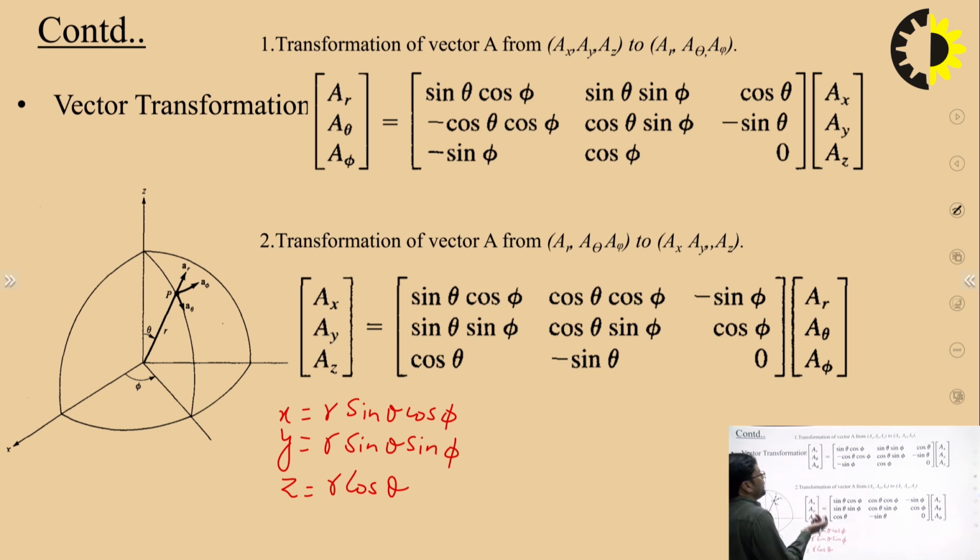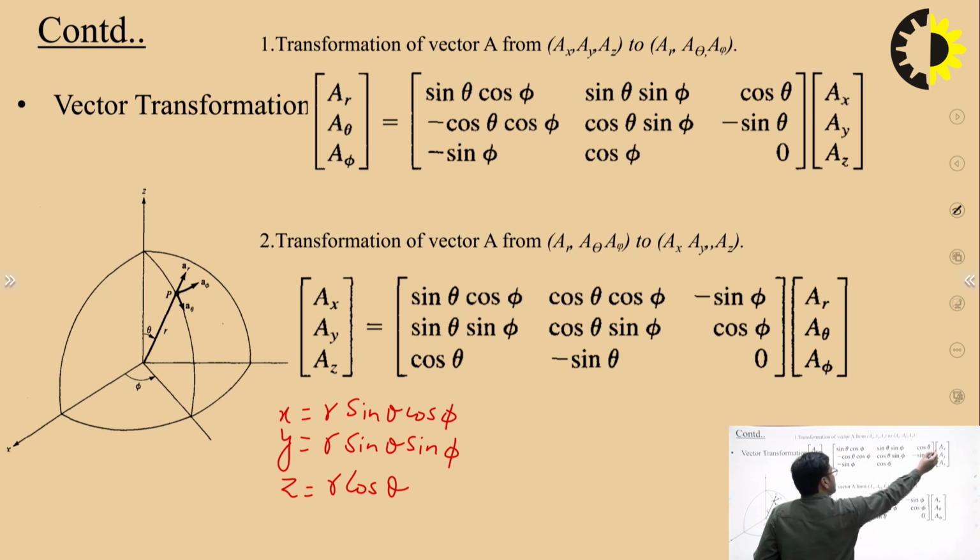So in the spherical coordinate system, for the a_r, you need to take the differentiation with respect to r.